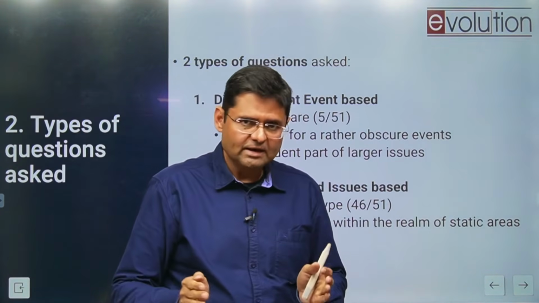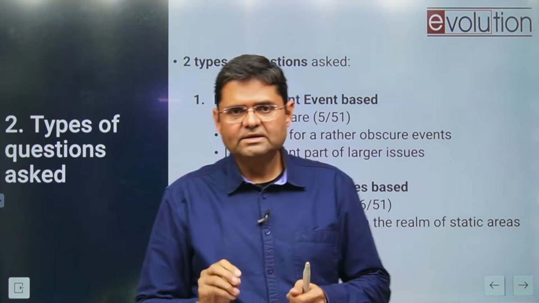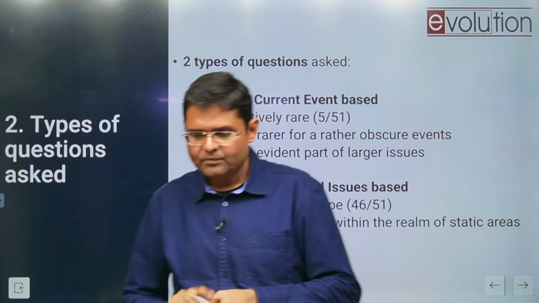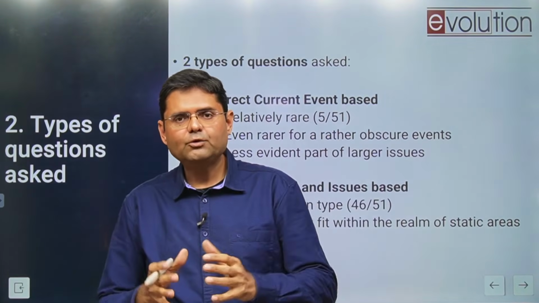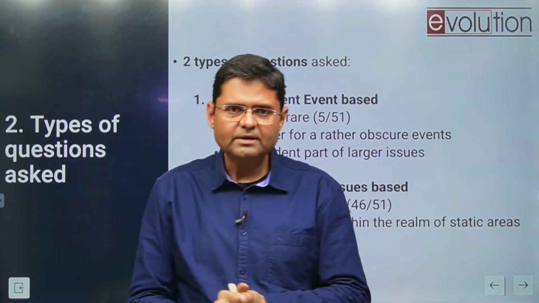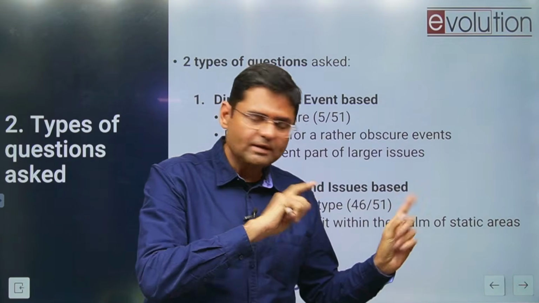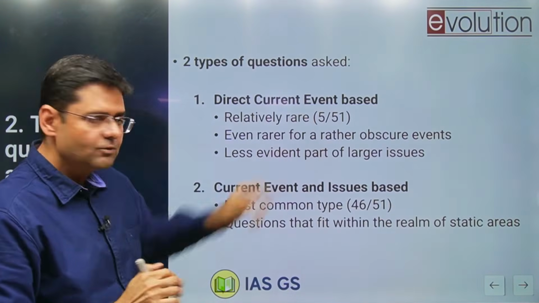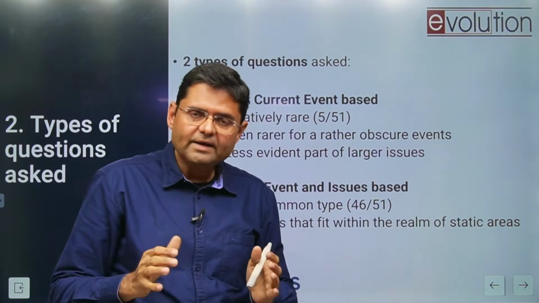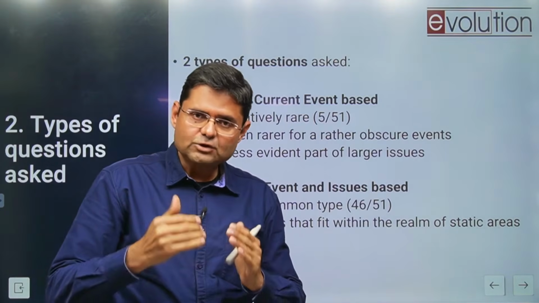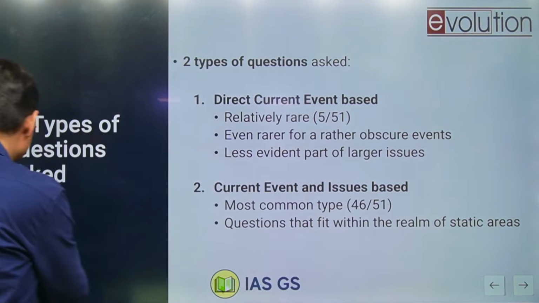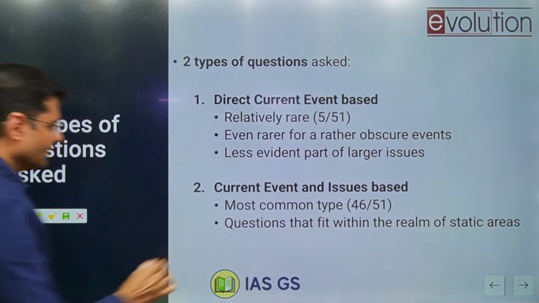I did some analysis, and all these analyses I do myself. If you look at last year's question paper, 5 out of 51 questions were direct factual. We have already established 51. The rest of them were triggered by current events.